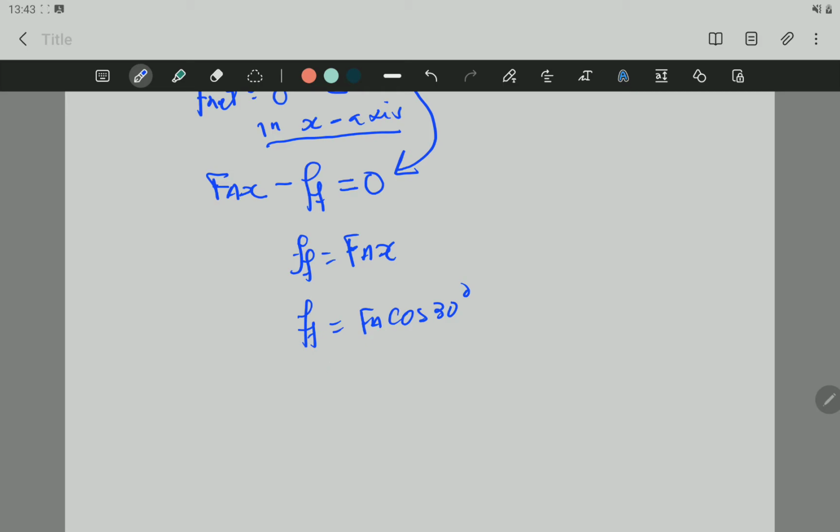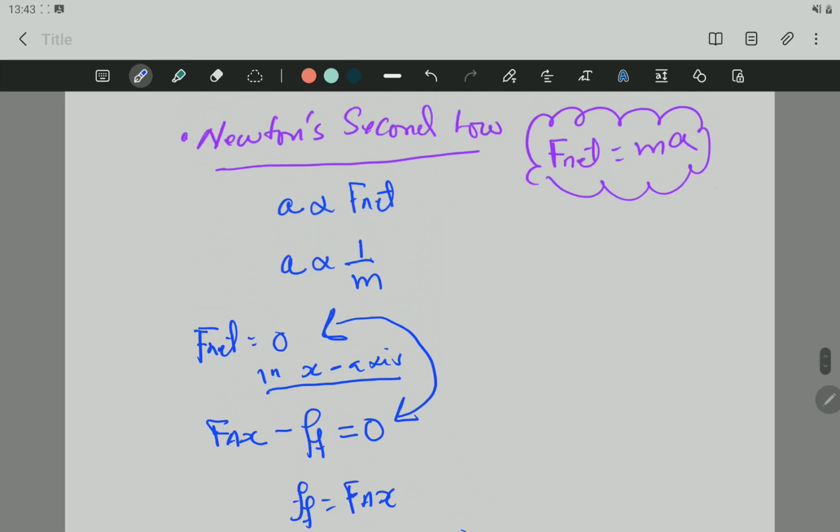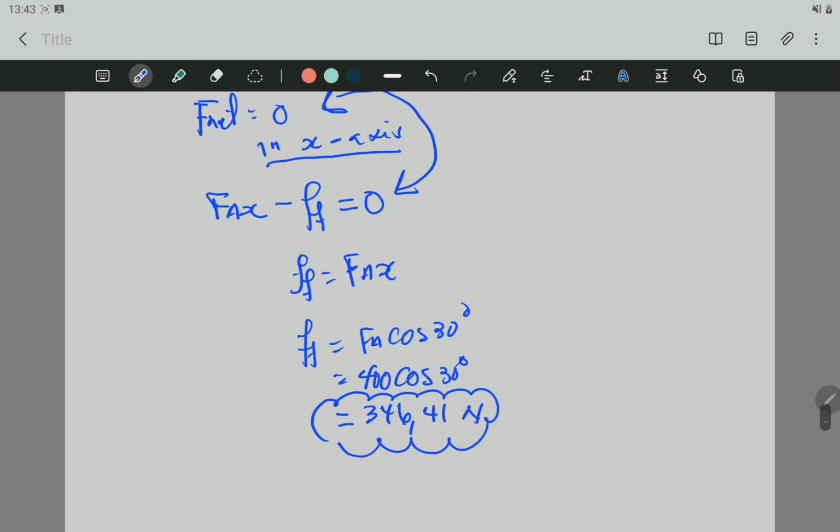Then we use the calculator: 400 multiplied by cosine of 30 degrees. The answer is 346.41 Newton. That is the magnitude of the frictional force.